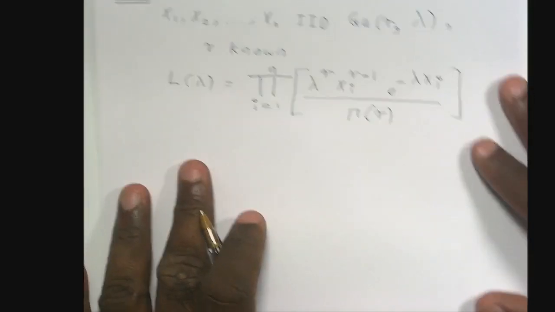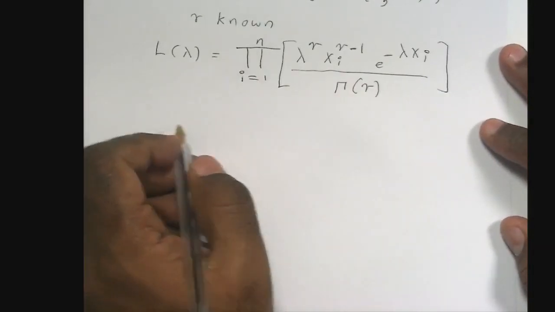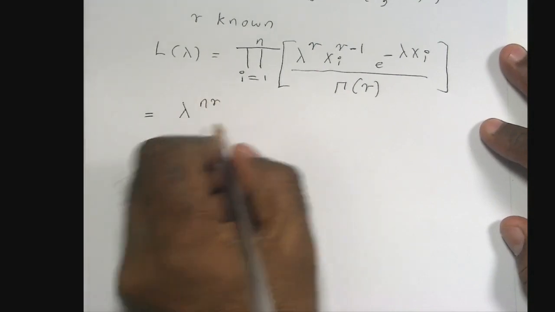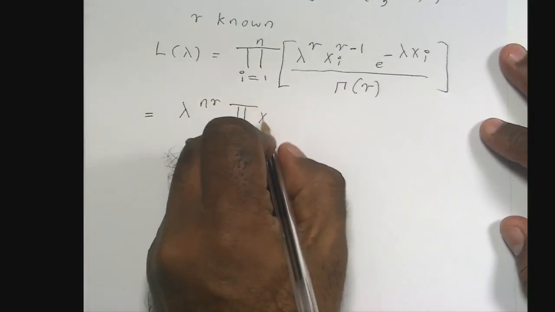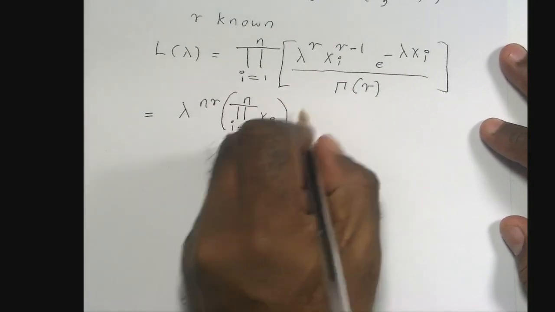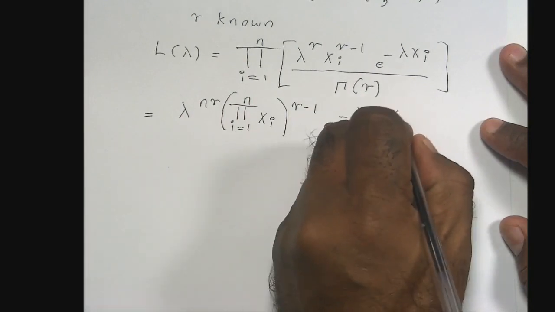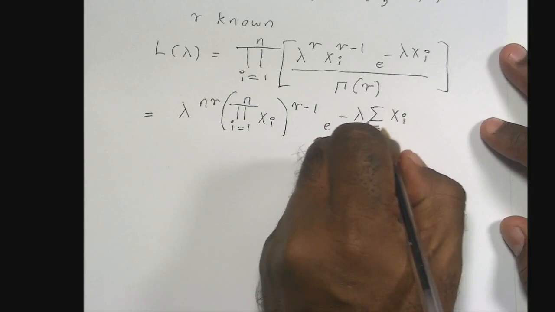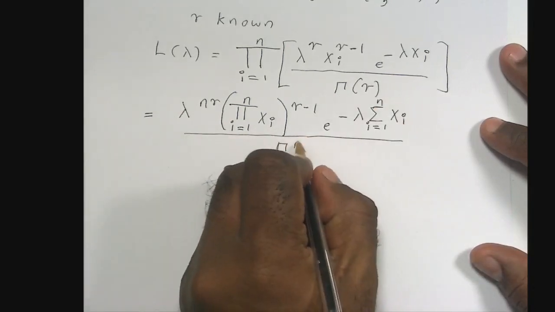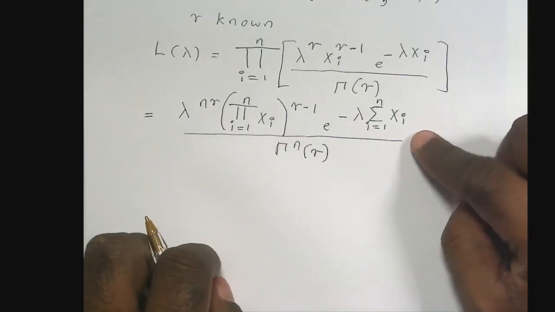This is a product of this density function from 1 to n. If you simplify this, you get this. Once again, simplification of likelihoods is a very important thing; I mentioned this many times. This is what you get after simplification.